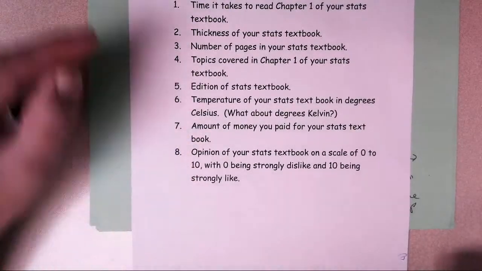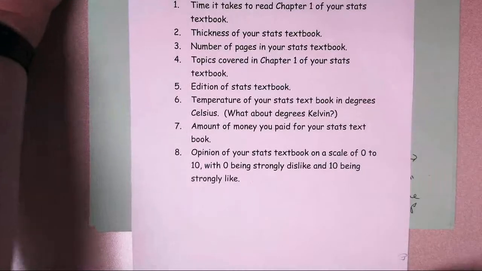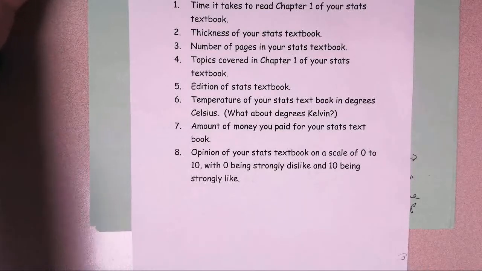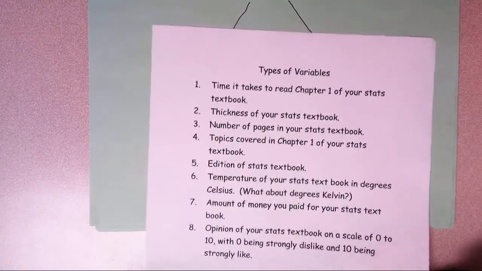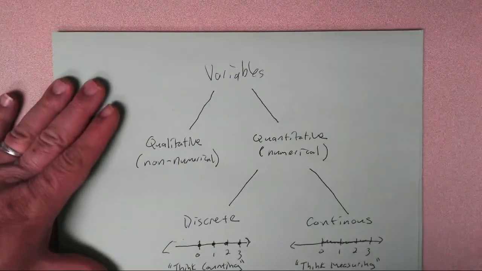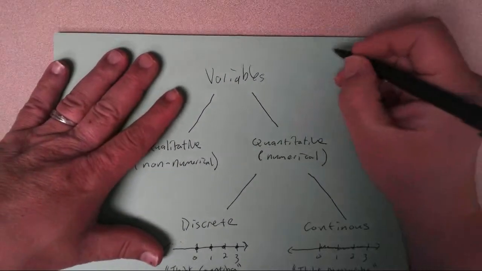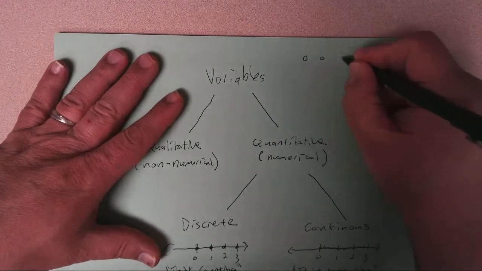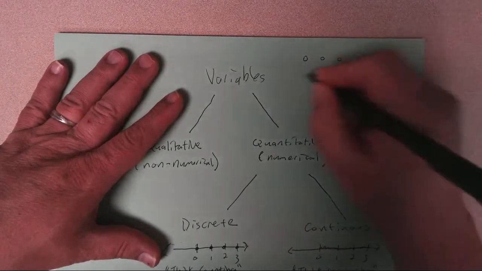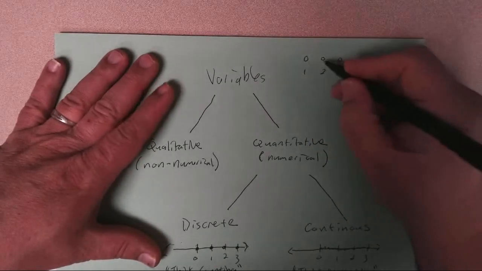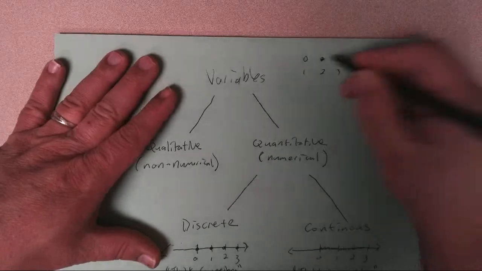Okay, so opinion of your stats textbook on a scale of 0 to 10, with 0 being strongly dislike and 10 being strongly like. Now this one could be either one depending on how you were thinking of it. Let me give you an example. When I did eHarmony, they had examples where it was like a mouse click, and maybe 1, 2, 3, 4, 5, and I had to give my opinion of something, and so I had to click on one of these.